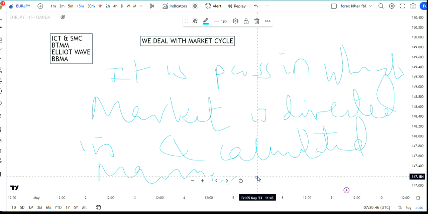As we see in ICT and smart money concept, there are smart money concept levels. In BTMM there are Mauro levels, right? Then in Elliott Wave we have Elliott levels, as we know we have impulse and correction.